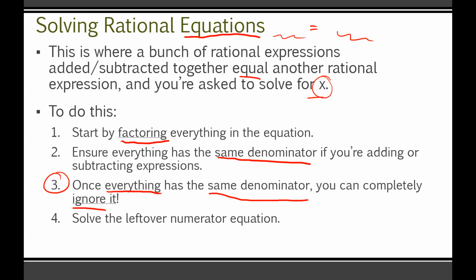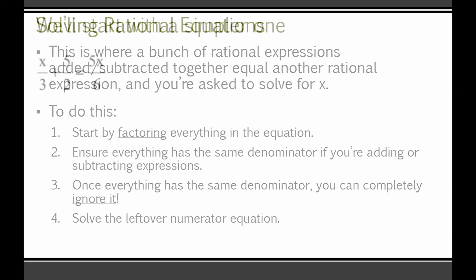In other words, the denominator, you might as well just say, you know what, it doesn't exist anymore because they both have the same denominator on both sides. The denominator only contains NPVs, your non-permissible values. So really, you only care about what's going on up in the numerator. So you can just completely ignore the denominator, and then in step 4, you just solve the leftover numerator equation. As usual, though, this is way easier just to see an example.